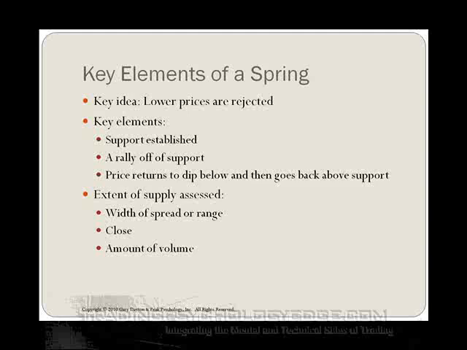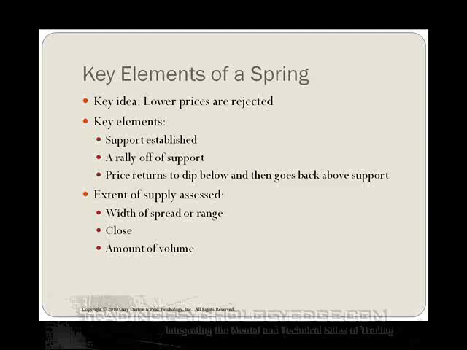So in the classic Wyckoff type spring, what Evans would look carefully at was the supply that existed as price came down below that support level. And he did that in a number of ways.